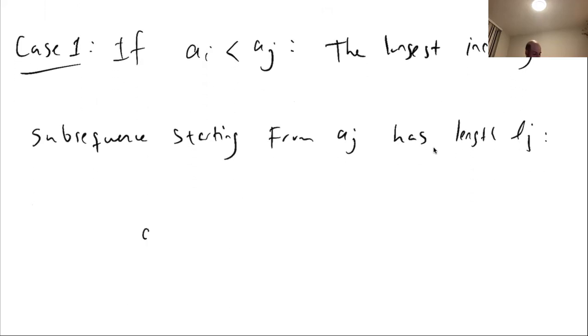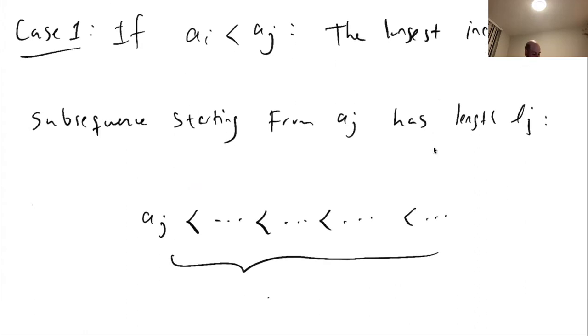So I can start from AJ, less than some element, less than some element, and then this length will be LJ. That's how I define LJs.